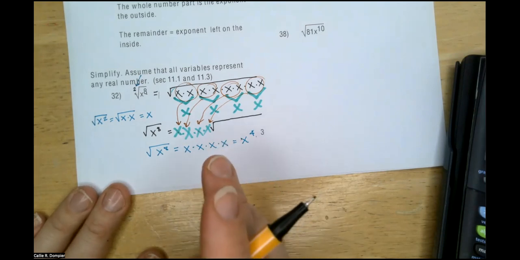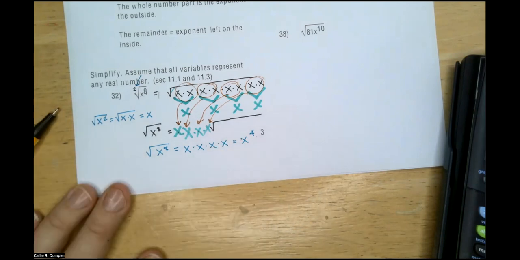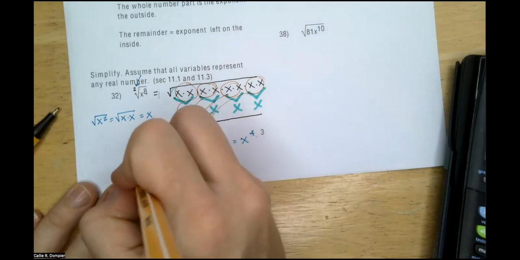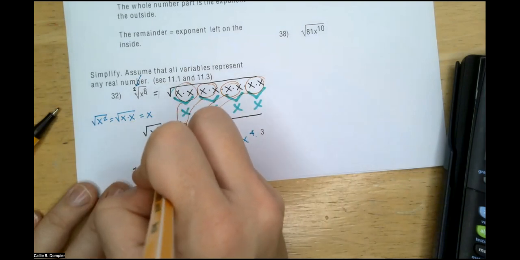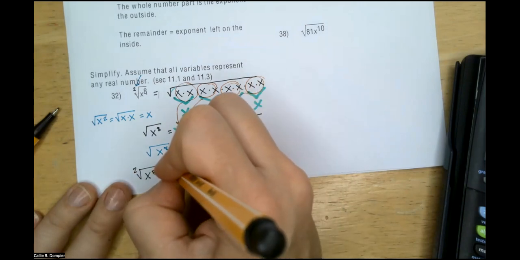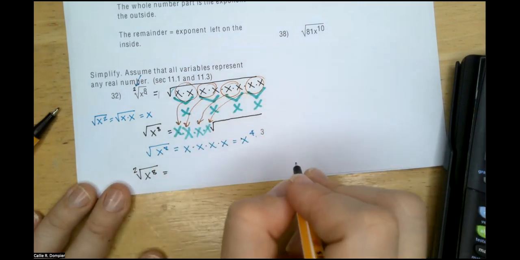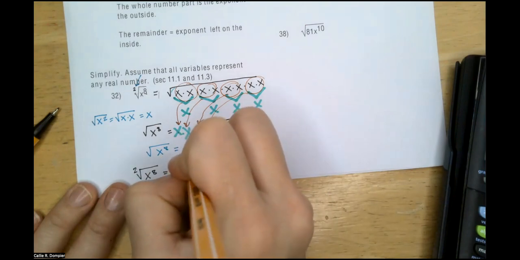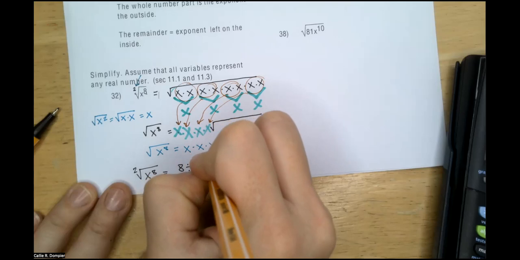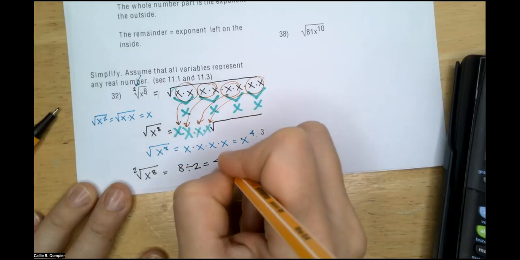Good. And then you have the long division method, which would be the square root of x to the 8th. Then you're going to take 8 divided by 2, which is 4, remainder 0.